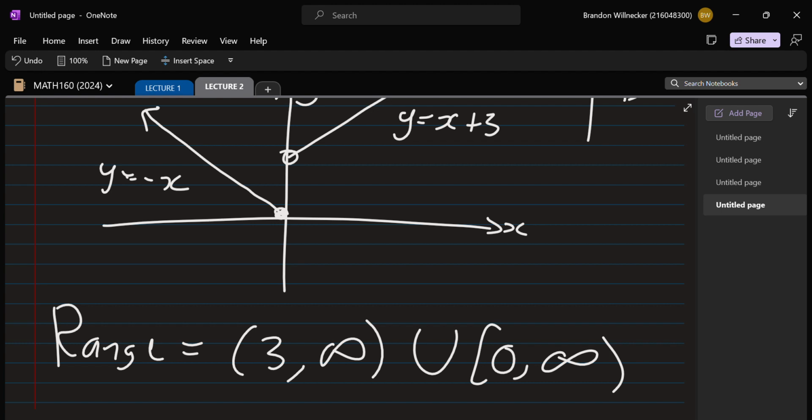Think: from 3 to infinity, that's my first set. 0 to infinity, that's my second set. Are there going to be duplicates? Yes, everything from 3 onwards. That's common. Okay, so what do we end up having with the union?